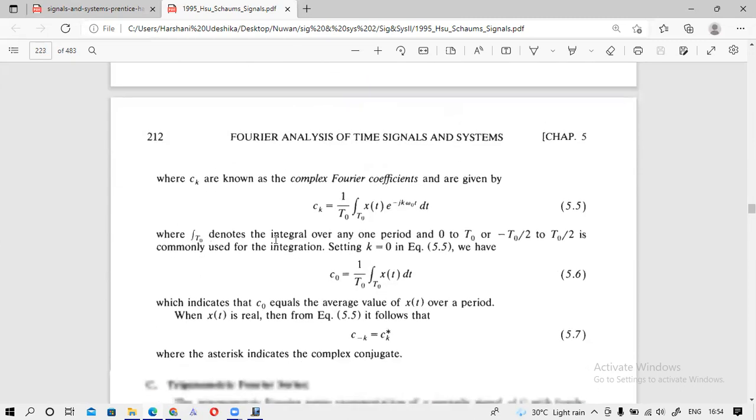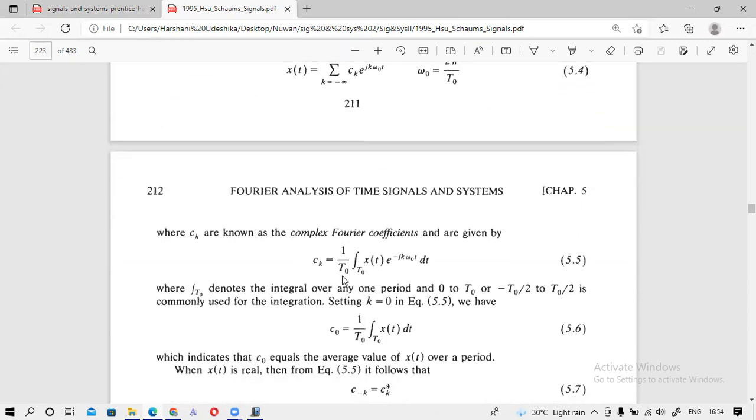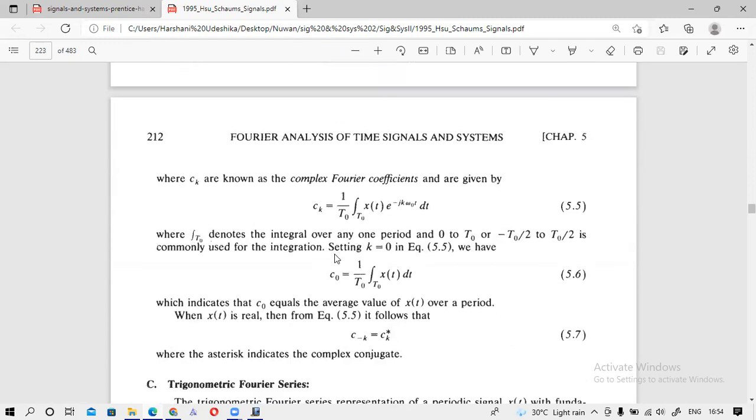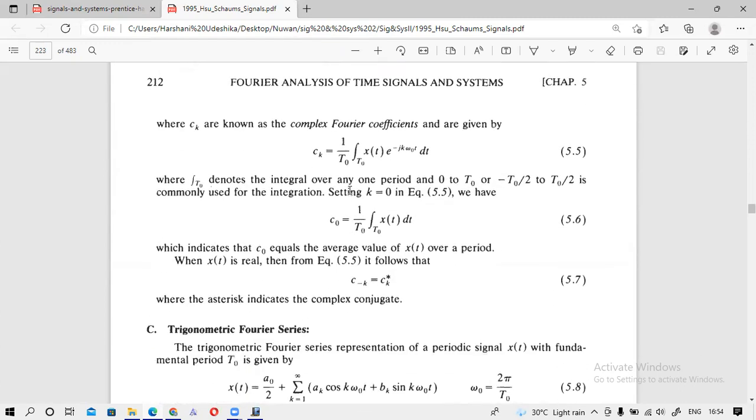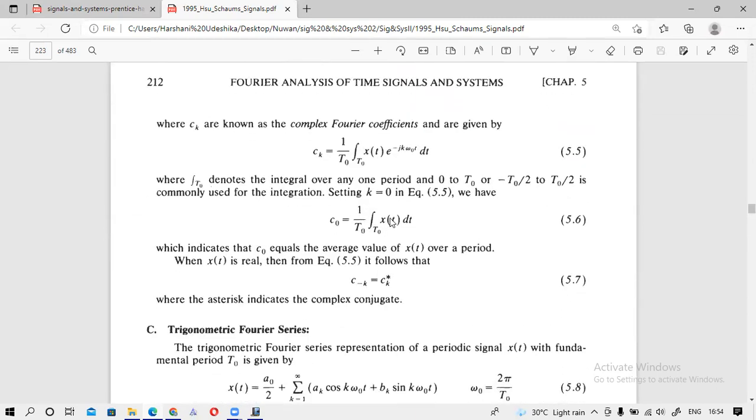Ck are the coefficients, and these coefficients can be estimated using this integral. The zeroth coefficient can be evaluated using this identity also. We will do some questions related to this.